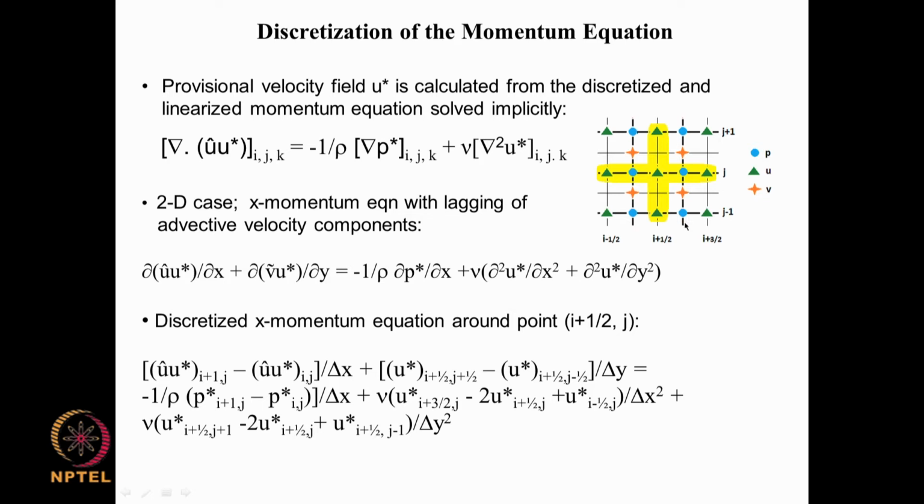So, in the last lecture we have looked at how to discretize the momentum equation on a staggered grid. Here we have a staggered grid where pressure is evaluated at these circles at intersections of lines of constant i and constant j.